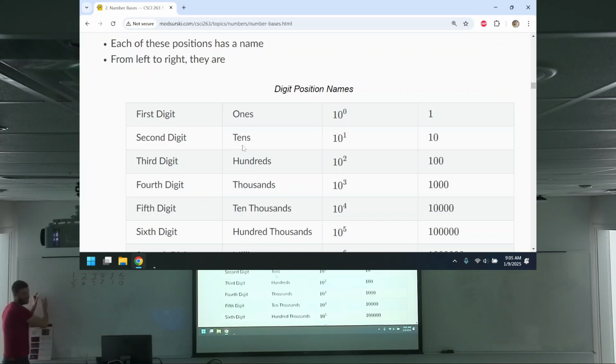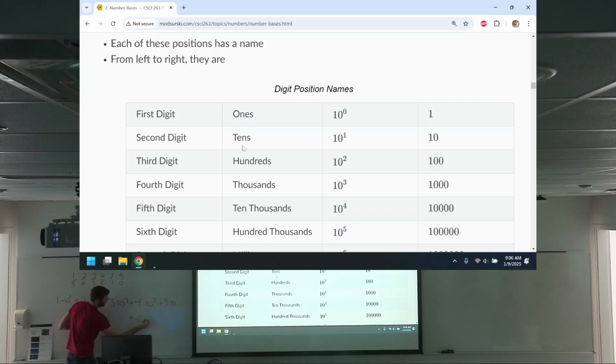I'm going to write it right to left so I don't mess it up. So I have 1 times 10 to the 5, plus 2 times 10 to the 4, plus 3 times 10 to the 3, plus 4 times 10 to the 2, plus 5 times 10 to the 1, plus 6 times 10 to the 0.